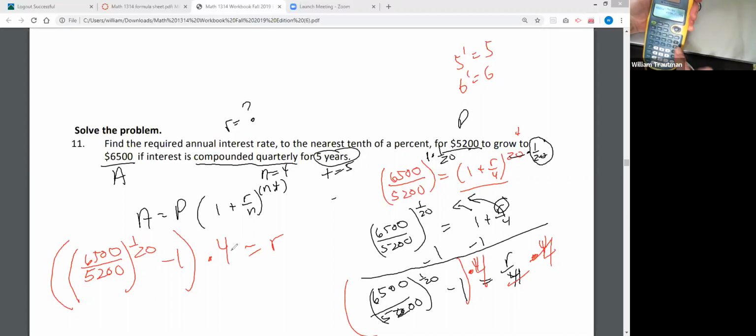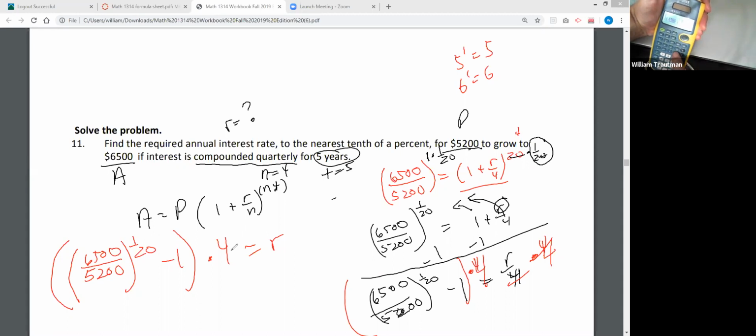So on my calculator, I'm going to put parentheses and then another parentheses with a fraction. 6,500, go down to the bottom, 5,200, arrow over, close that parentheses, raise it to a power, and I'm going to put it in parentheses. The power is a fraction, 1 over 20, arrow over, close that parentheses.